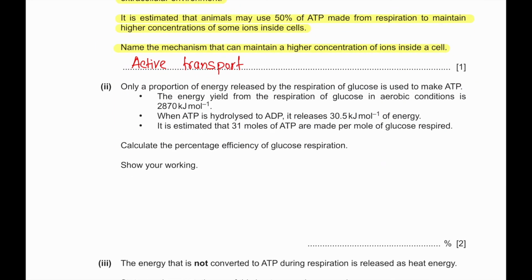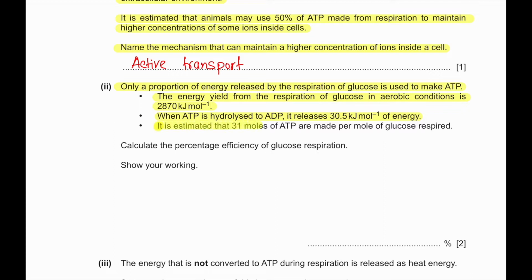2a part 2. Only a proportion of energy released by the respiration of glucose is used to make ATP. The energy yield from respiration of glucose in aerobic respiration is 2870 kJ per mole. When ATP is hydrolyzed to ADP, it releases 30.5 kJ of energy.